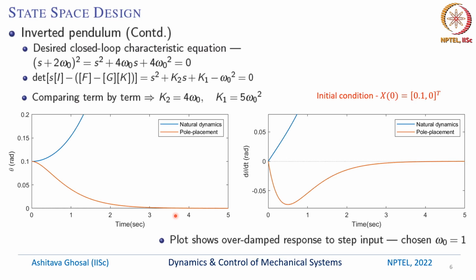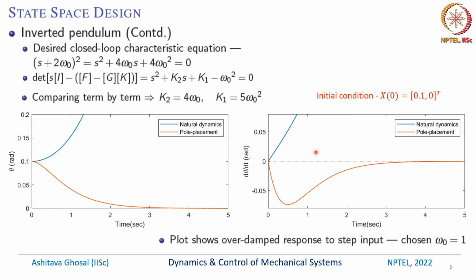So we have an unstable system. Small perturbations will increase with time, but when we use u equals minus kx, we use a controller which is designed such that the closed loop poles are at minus 2 omega naught, so on the left half plane. Then the output theta goes to 0.